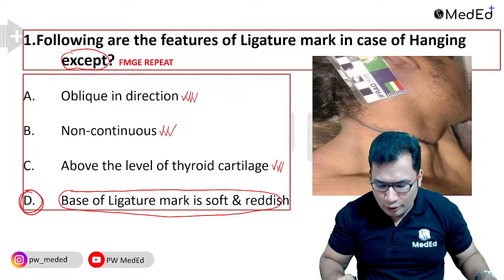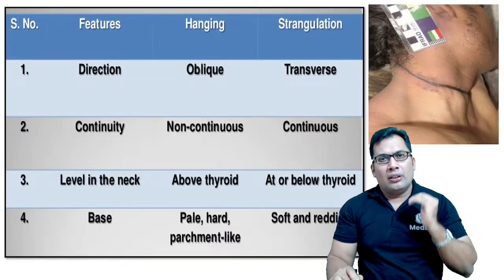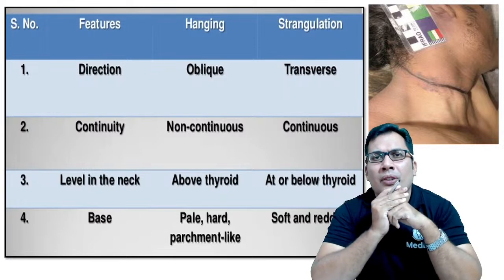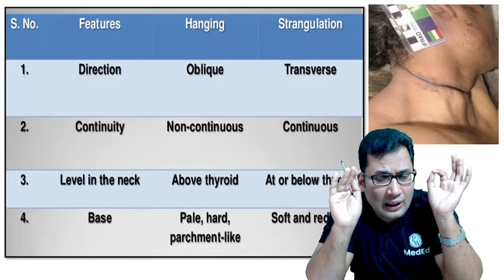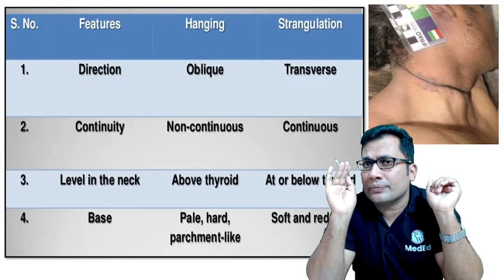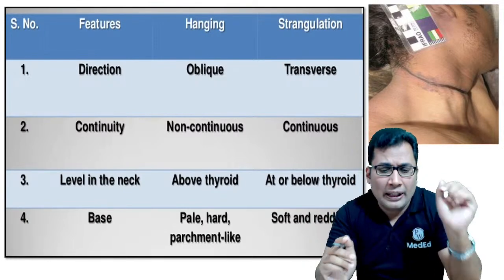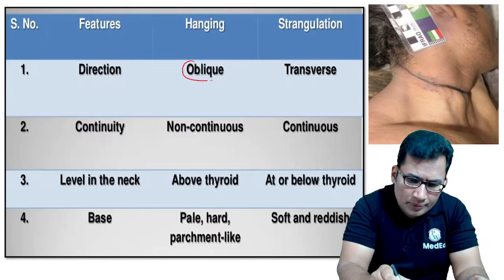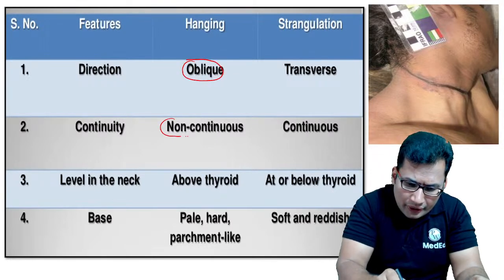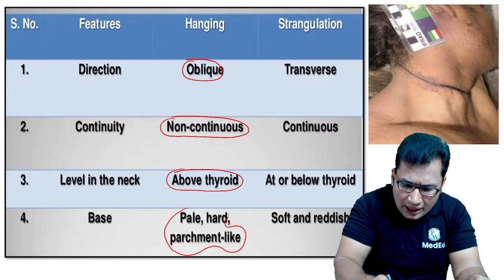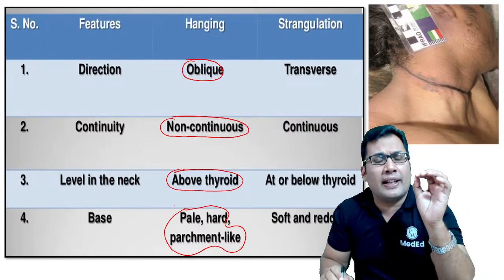Let me discuss a few points about ligature mark in hanging and ligature mark in strangulation. Students, this is a very commonly asked topic in your exam. In hanging, ligature mark is oblique, non-continuous, above the level of thyroid cartilage, and it is pale, hard and has a parchment paper like appearance.